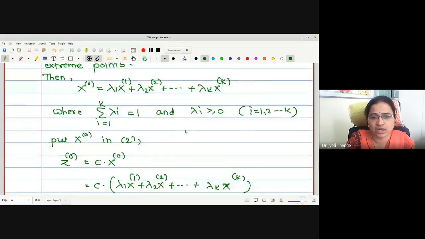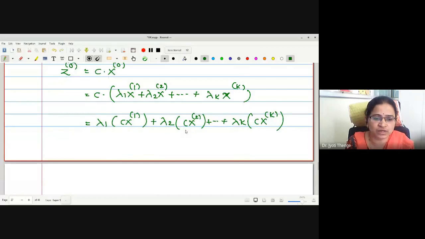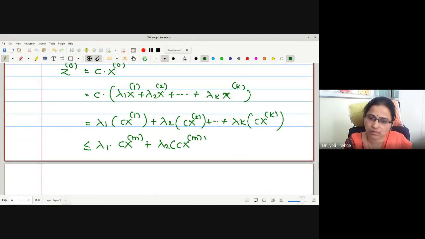Correct? Same is true for the remaining as well. Therefore, here I will write less than or equal to lambda 1 into Cxm, and for every step I will replace this. Each value is less than or equal to Cxm; here also Cxk is less than or equal to Cxm.